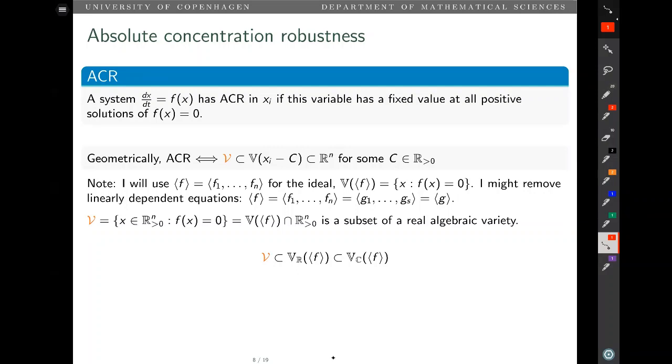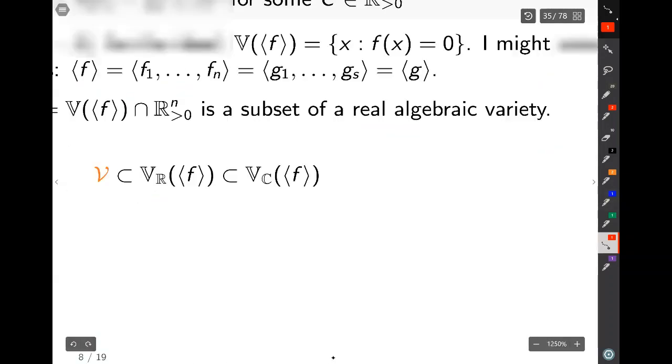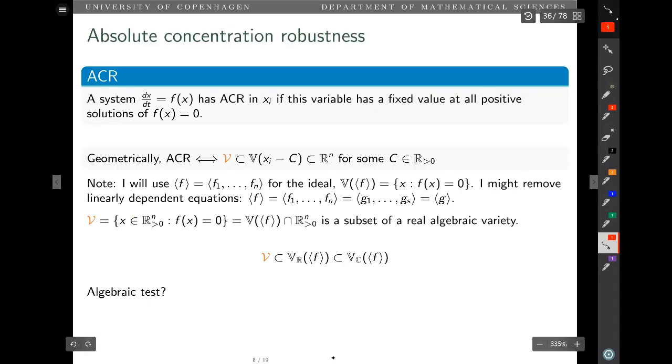And I told you this is a subset of a real algebraic variety. So the positive solutions is a subset of the real solutions, which is a subset of the complex solutions. And when people do algebraic geometry, we sometimes try to go from the varieties to the ideals to see if we can say something based on the polynomials that are contained in the ideals. And this is one of the cases.